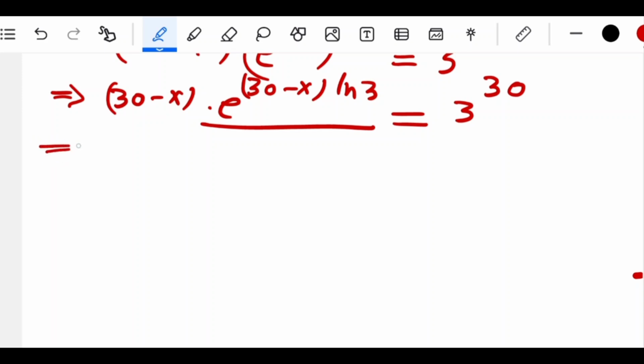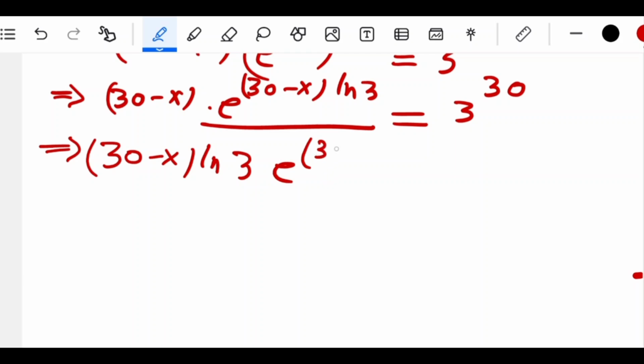Next step, what we have is 30 minus x times e raised to 30 minus x ln 3 is equal to 3 raised to 30. Multiply both sides by ln 3: 30 minus x ln 3 times e raised to 30 minus x ln 3 is equal to 3 raised to 30 ln 3.